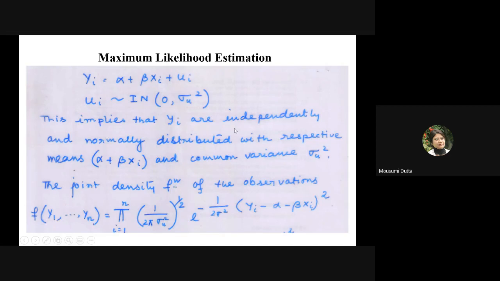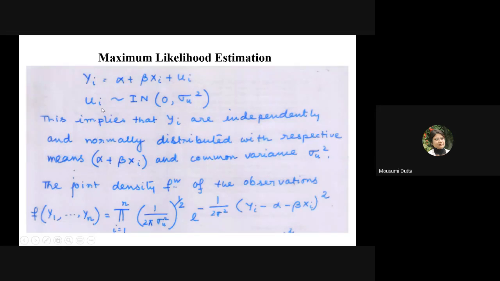Okay, so yi is the dependent variable, xi is the independent variable. If ui is normally distributed with mean 0 and variance sigma square, that implies the yi's are also independently and normally distributed, because ui is randomizing yi. The nature of yi will depend on the nature of ui.